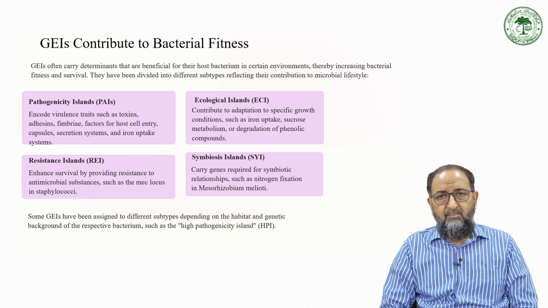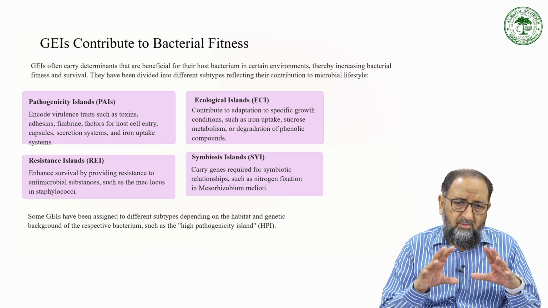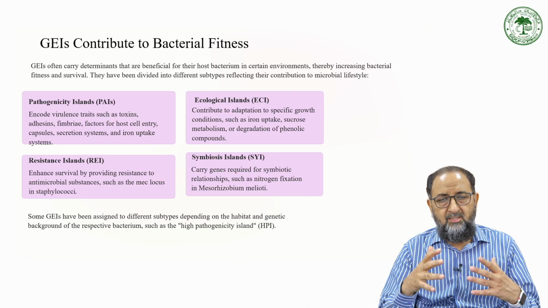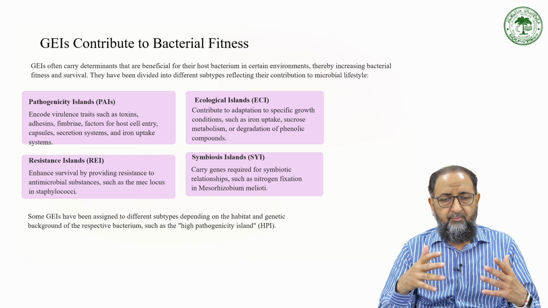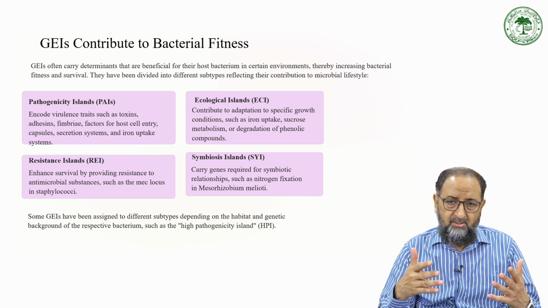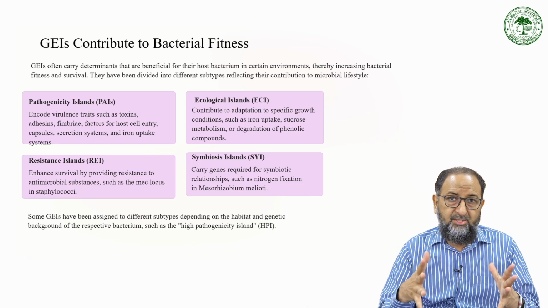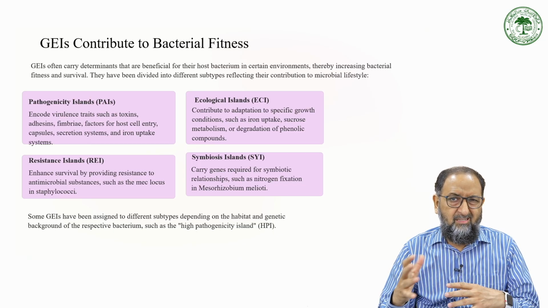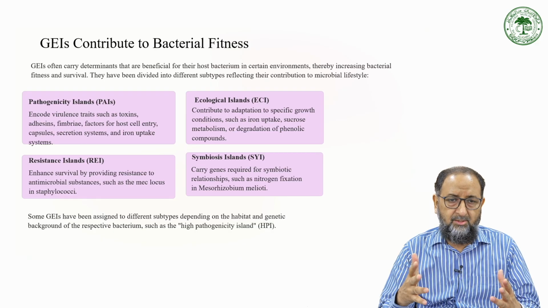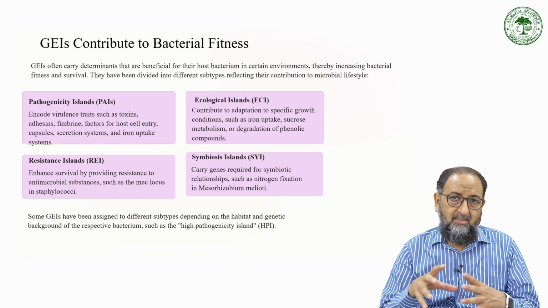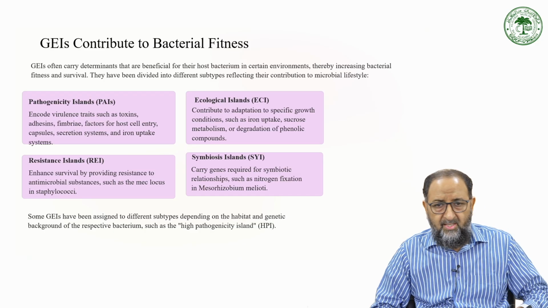We are not talking here about plasmids acquired by these bacteria for survival or adaptation under certain harsh conditions, or in the presence of enemies like drugs, antibiotics, and other harsh conditions. No, it is basically part of the genome, so we call it an island. These regions are already present in the genome.